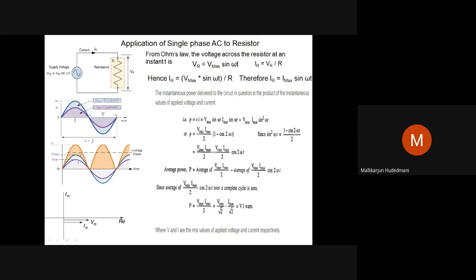If I integrate this equation from 0 to 2 pi d omega t, cos changes to sine, and sine with 0 and 2 pi goes to 0. Therefore, the second term will go to 0. Average of this goes to 0 because when I integrate this expression, Vm Im by 2 minus Vm Im by 2 cos 2 omega t, from 0 to 2 pi.